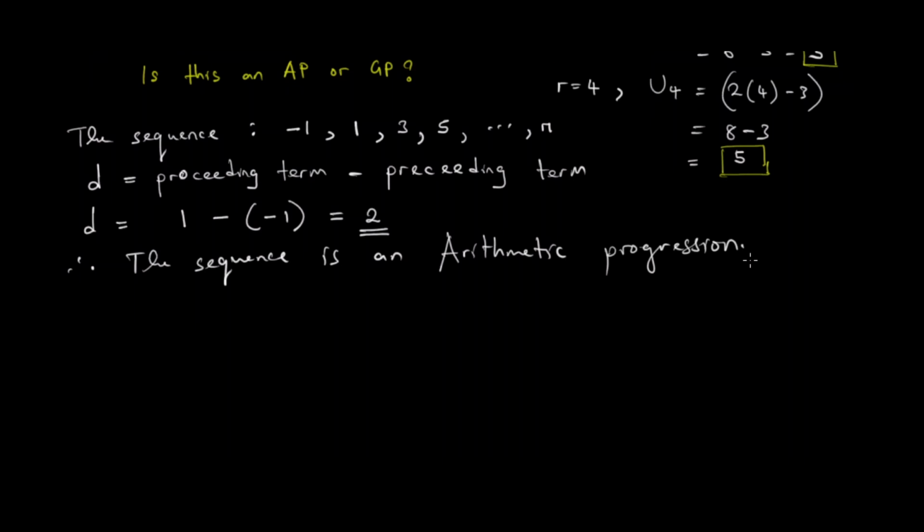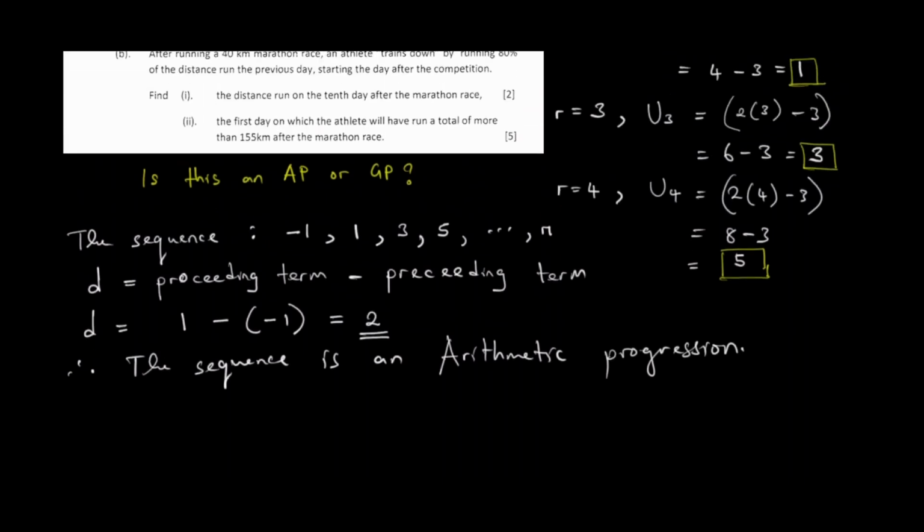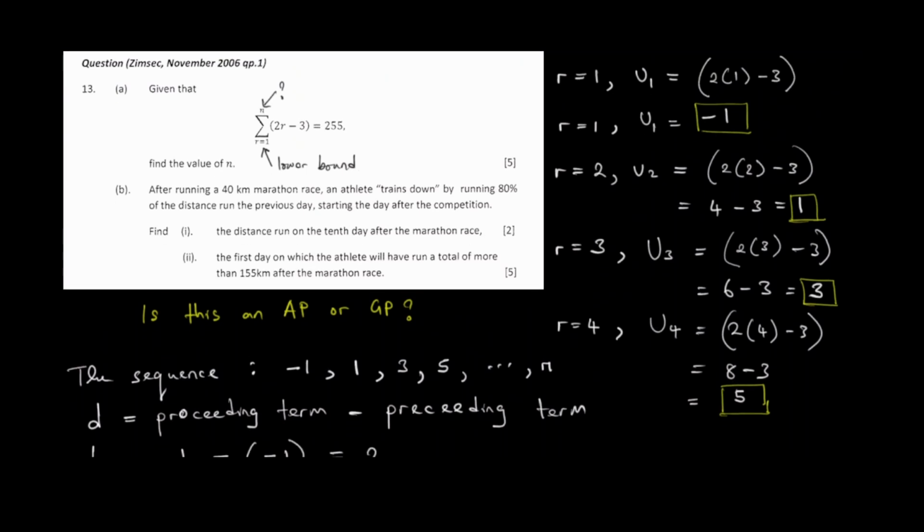How then are we going to find the value of n? N tichaiwana sei. Saka kuti tigone kuwana n, we must understand this. Ichi chinomboreve ichichi.